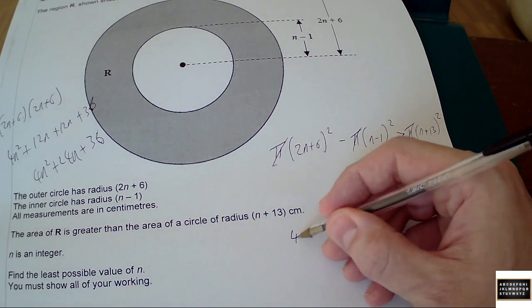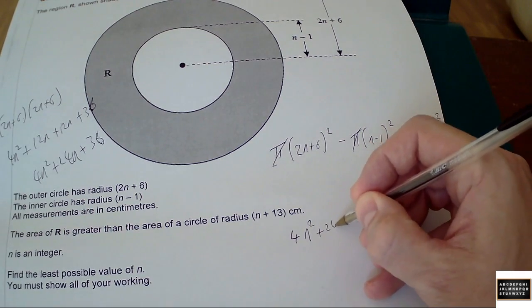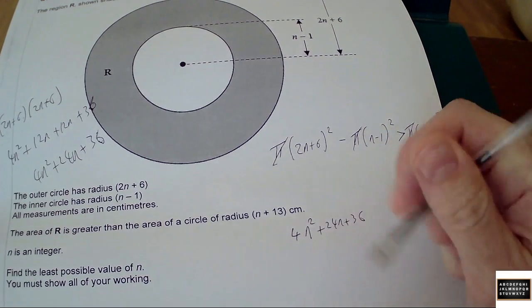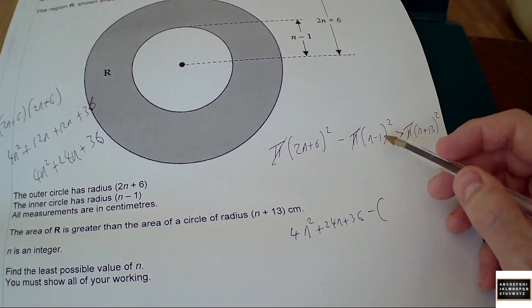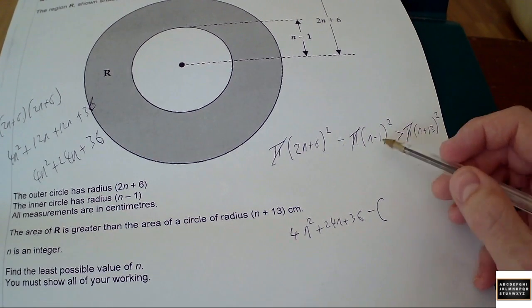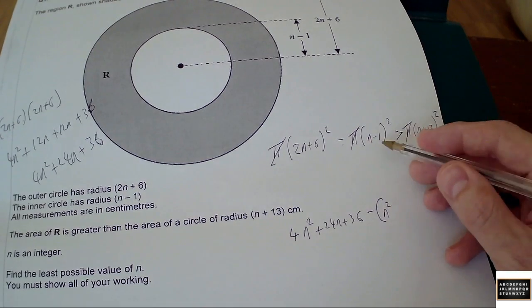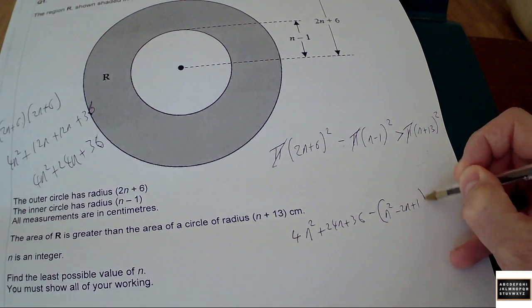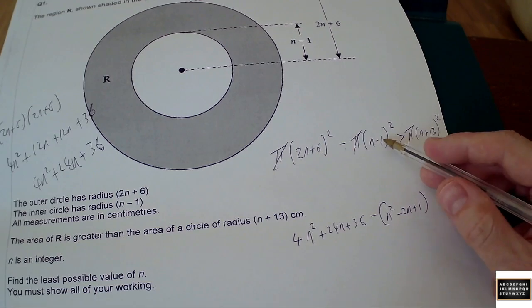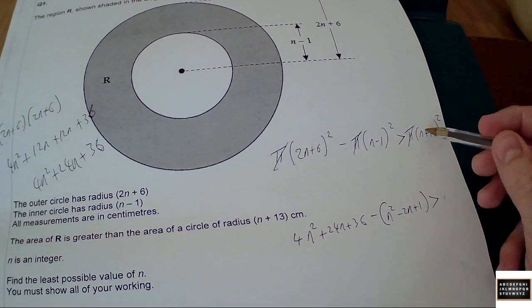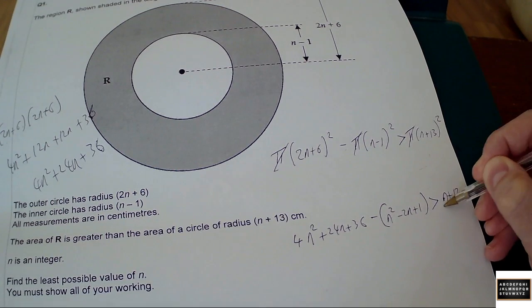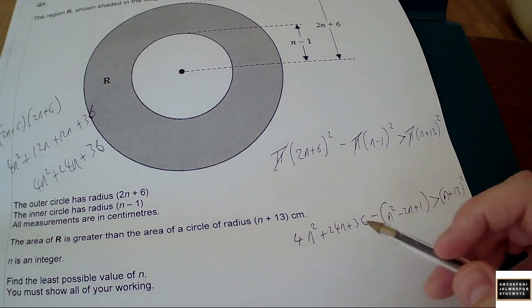I'll just use a bit more space down here. So this is the 24n plus 36 that we had up here. And then for this one I'm going to use a pair of brackets because I've got to be careful with my minus signs. So I'm going to have n squared, then minus 2n, then plus 1, because minus 1 times minus 1 makes plus 1. And then lastly over here, I'll leave this as a bracket for now because I haven't got enough space to multiply it out.